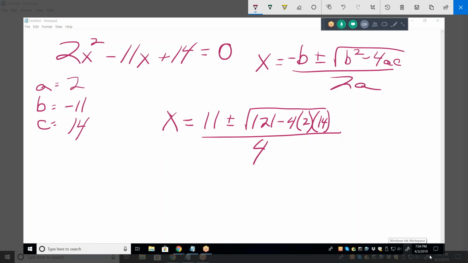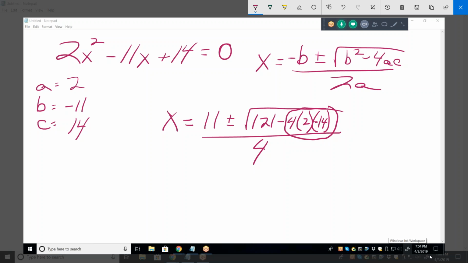I do highly suggest that your next step is always figuring out what that number is right there. You're going to be faced with quadratics where there's a lot of negative signs. Let's say C was negative 14. Now it can get very confusing.